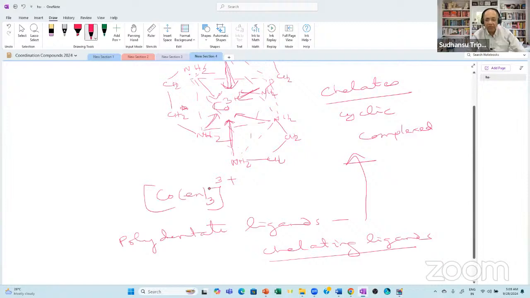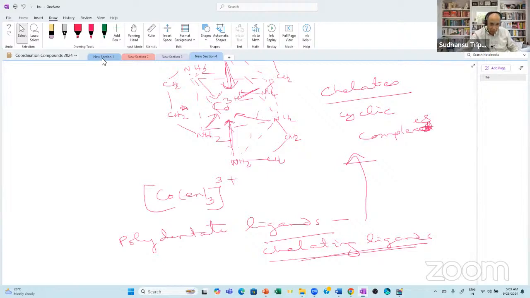Chelates are nothing but cyclic complexes, formed by the coordination of at least a bidentate ligand. Any polydentate ligand will form one ring or more than one ring, and these complexes are called chelates, and therefore such ligands are called chelating ligands. Monodentate ligands are never called chelating ligands. Bidentate, tridentate, they are called chelating ligands.